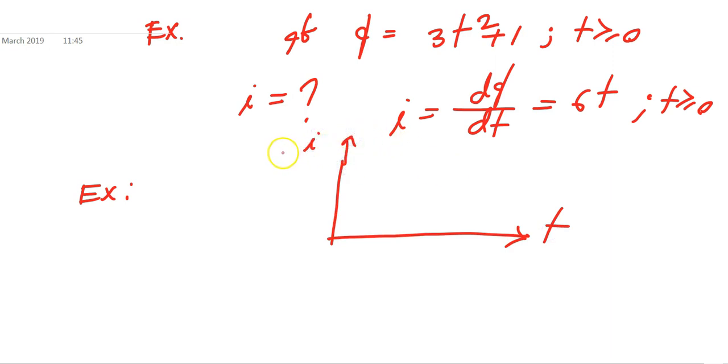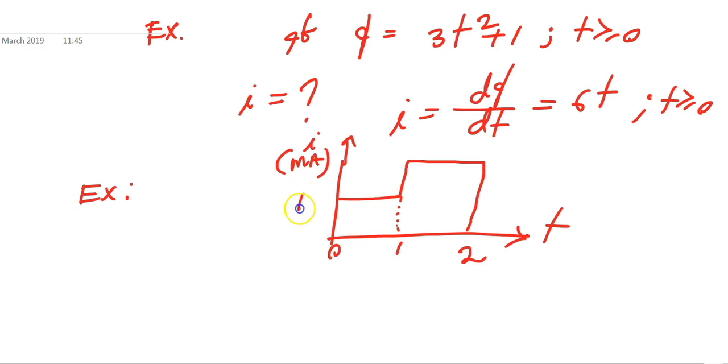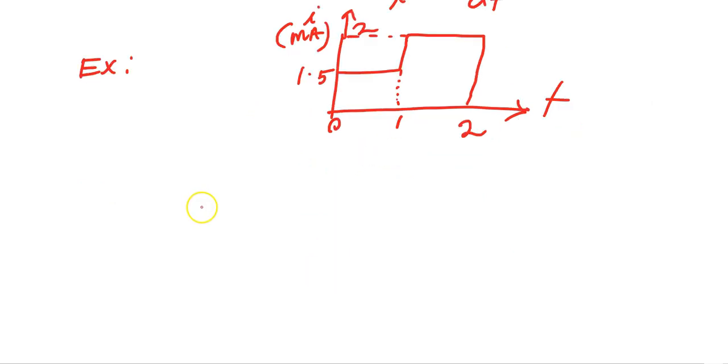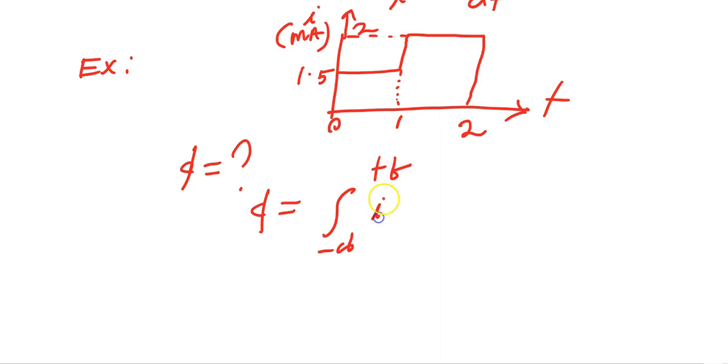Another example: if the current plot is like this, i in milliampere, 1, 0 and 2, this is 1.5 milliampere and this is 2 milliampere. What is the total charge passed through the element? So you know the relation, Q is equal to the integral from minus infinity to final time of i dt.